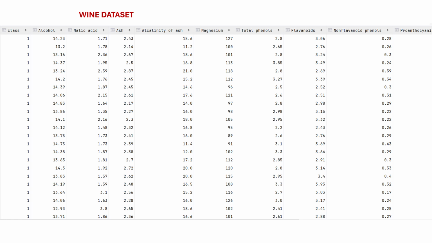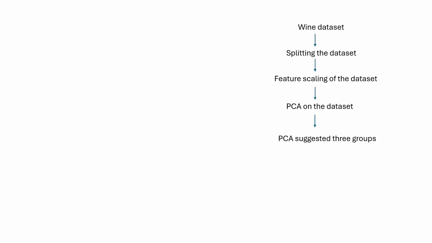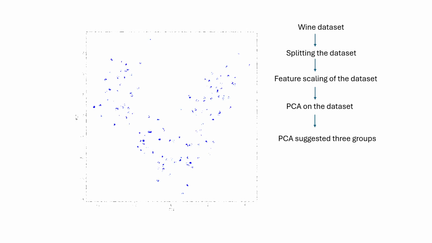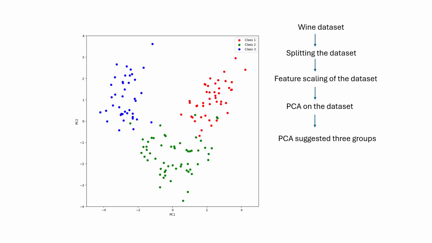The link to that video is provided at the end of this presentation as well as in the video description. In the previous video, we had seen how principal component analysis reduced the wine dataset to two principal components and revealed a visual pattern suggesting three groups.